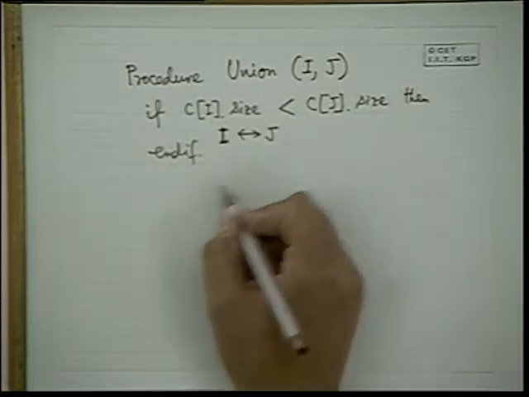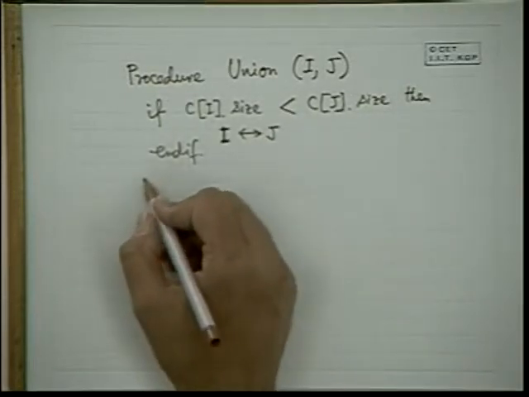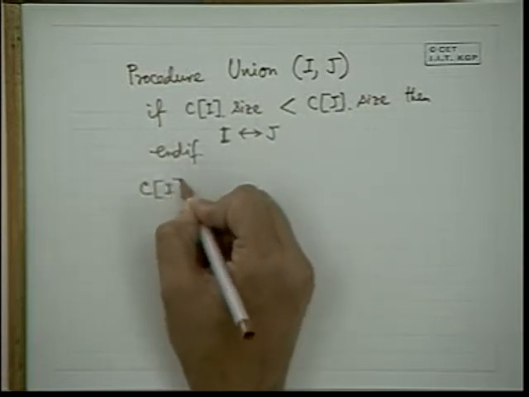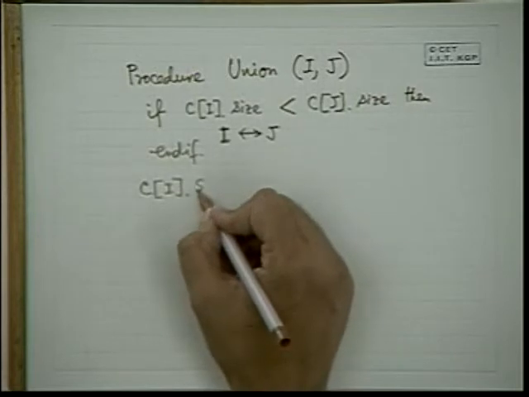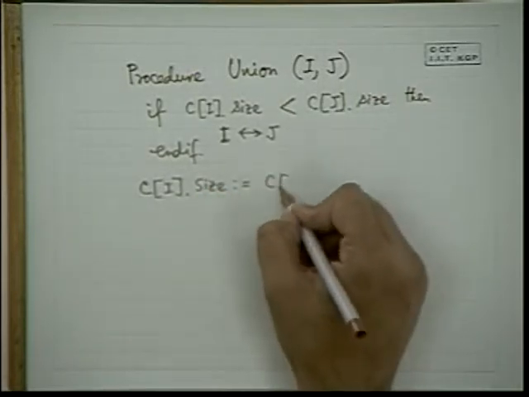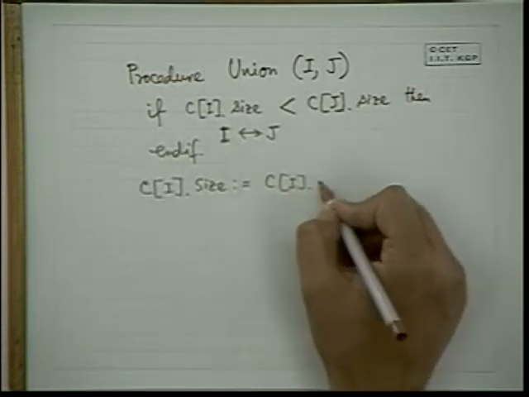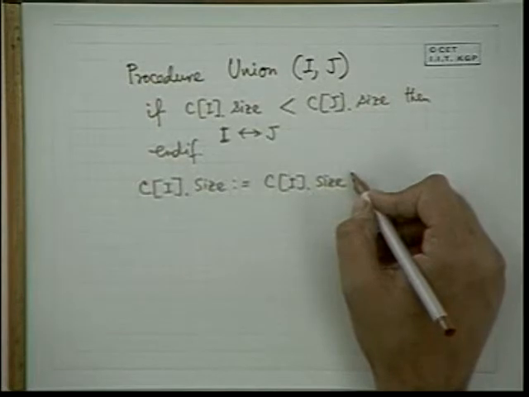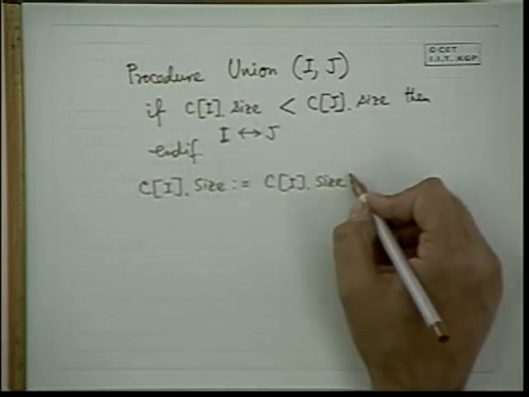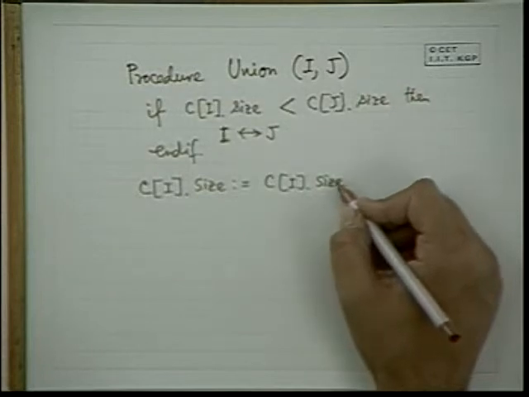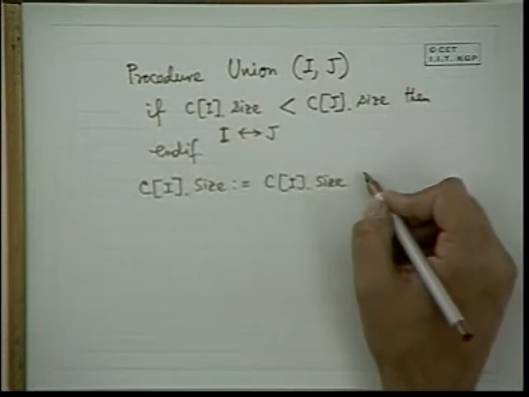Now you change the size field. i will be the name of the new set, because i is the larger set; we merge the smaller one into the larger, so i will be the name for all the elements now.